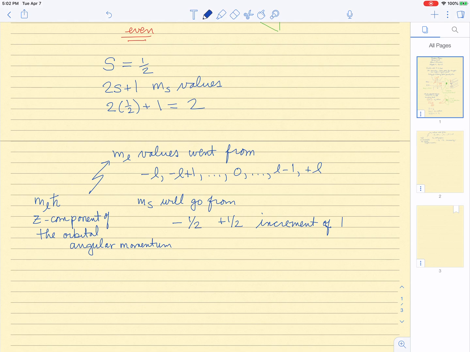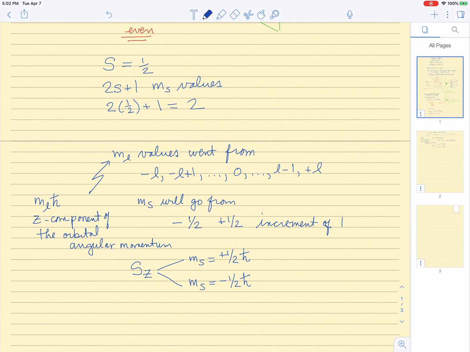So m sub s would represent the z component of the intrinsic spin angular momentum.